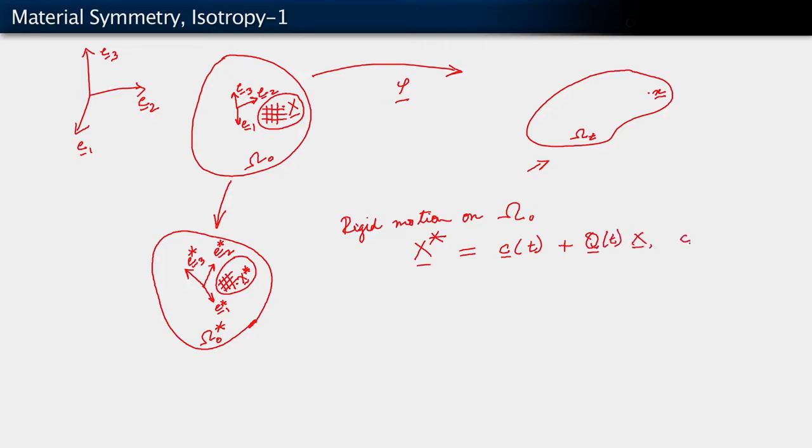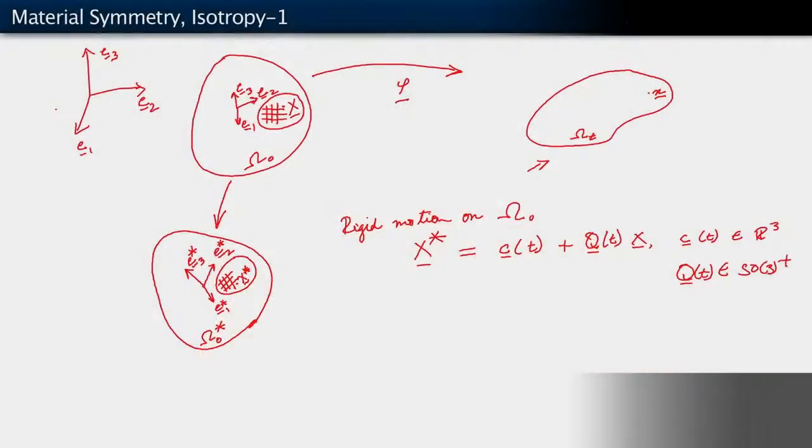Okay, and as always for rigid motions, we have c of t is a vector and Q of t is a member of SO(3), but a member of SO(3) that preserves orientations. Right? Well, it doesn't preserve orientations with the rotation, but it preserves handedness, sorry, preserves handedness. Okay, we have this, okay? Now, the question we want to ask is the following.